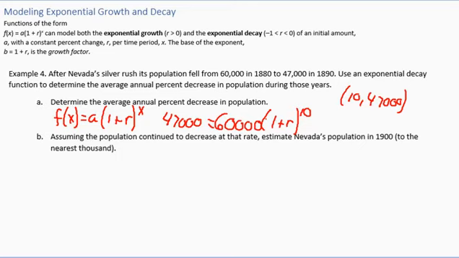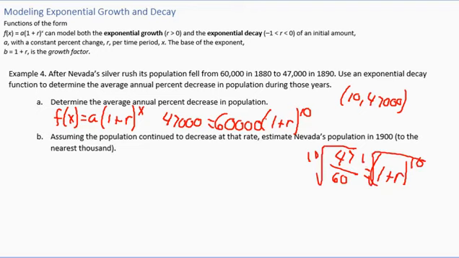And we would solve this the same way we did earlier. Looks like I'm running out of room here, so I'm just going to drop down to this corner. We would divide both sides by 60,000, which if we cancel all of our thousands, we get 47 over 60 equals 1 plus r to the 10th. Take the 10th root of both sides as we did before.